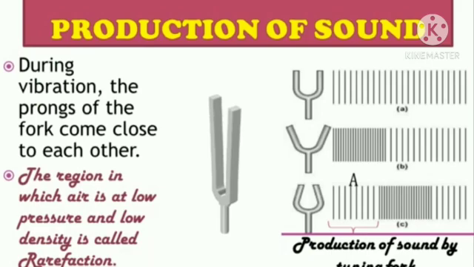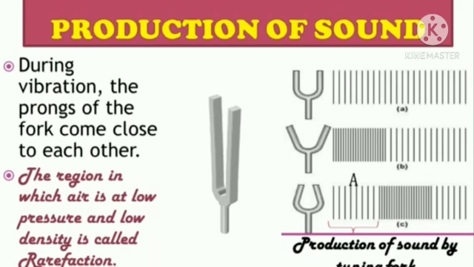Now we can see the vibration in part C. In the next step of vibration, the prongs of the fork come close to each other as shown in the figure. In this case the air molecules near the prongs get more space to move away from each other.